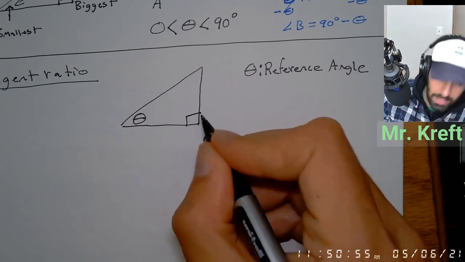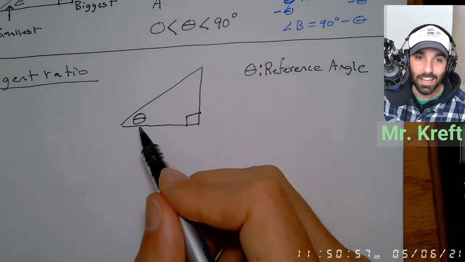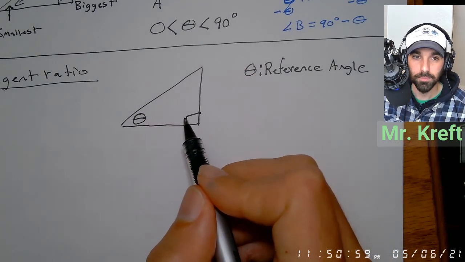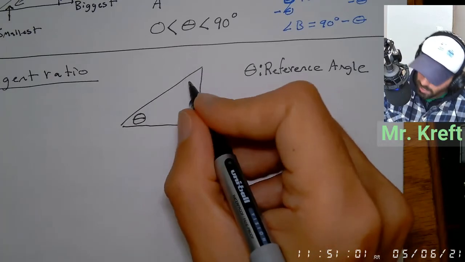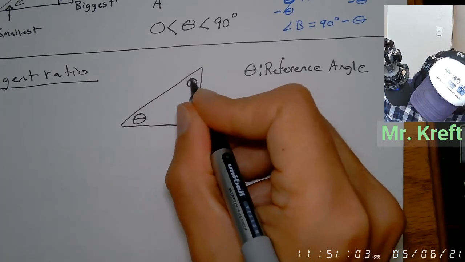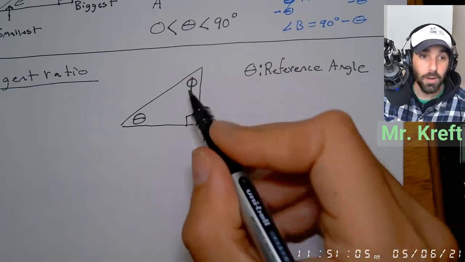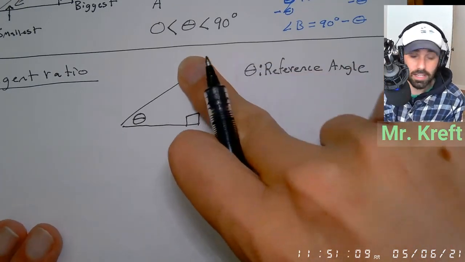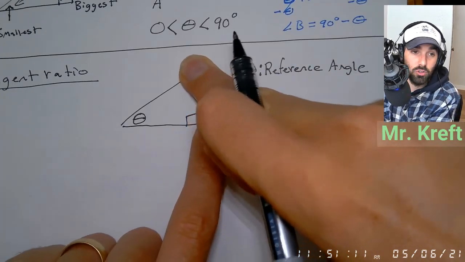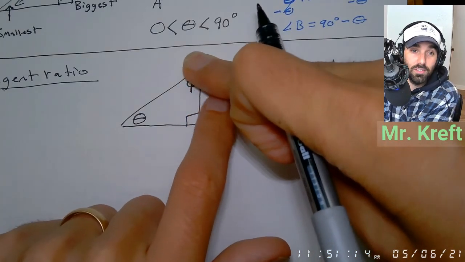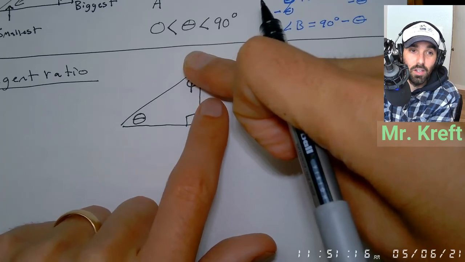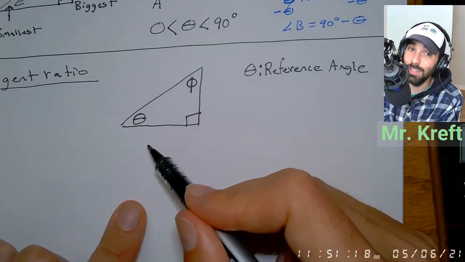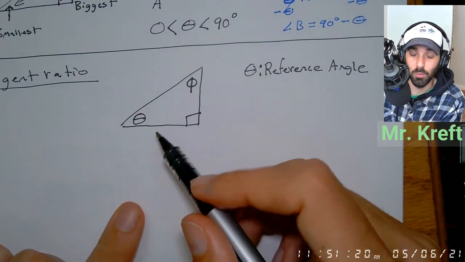And basically what reference angle means is how this angle sees the triangle. Okay, now notice if I put up here phi, it has a different view of the triangle. So for example, theta, looking at this triangle, sees this as the side furthest away. But phi sees this side as being the side furthest away.